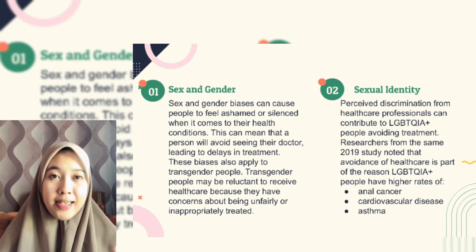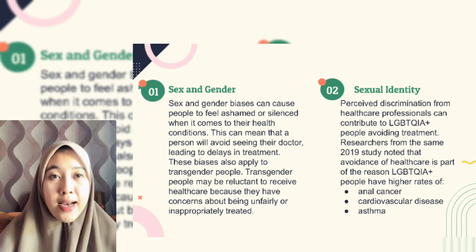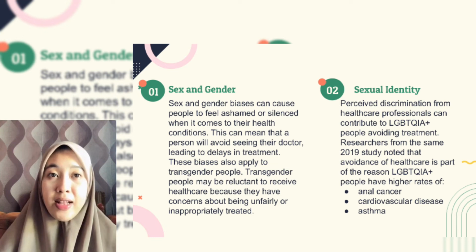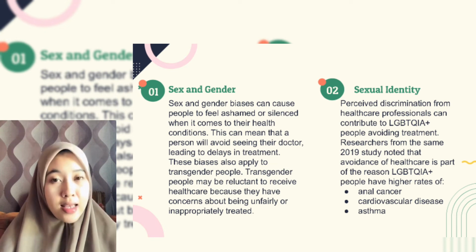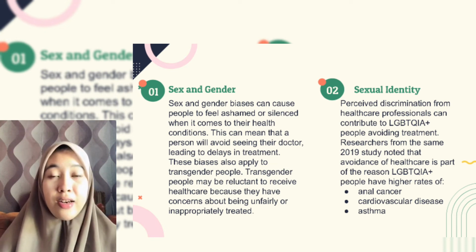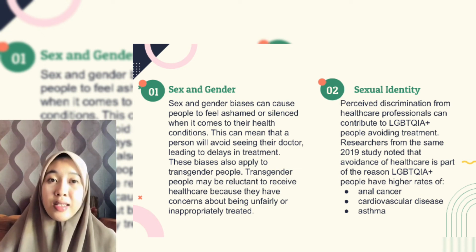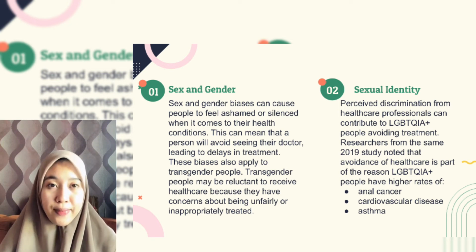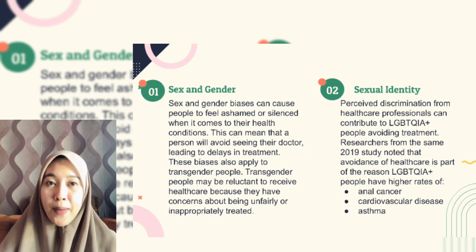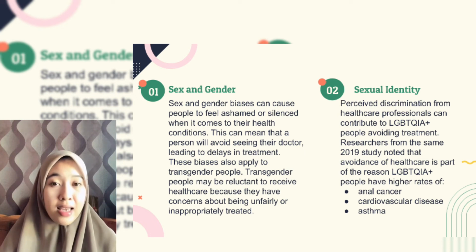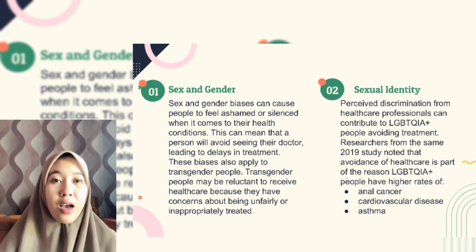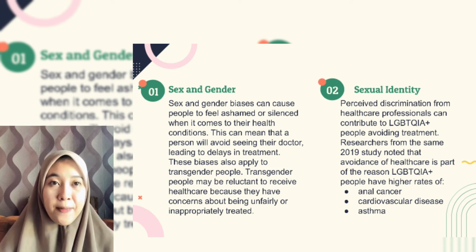One, sex and gender. Sex and gender bias can cause people to feel ashamed or silent when it comes to their health condition. This can mean that a person will avoid seeing their doctor, leading to delays in treatment. This bias also applies to transgender people. Transgender people may be reluctant to receive healthcare because they have concerns about being unfairly or improperly treated.